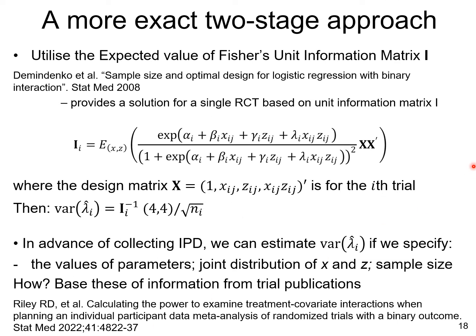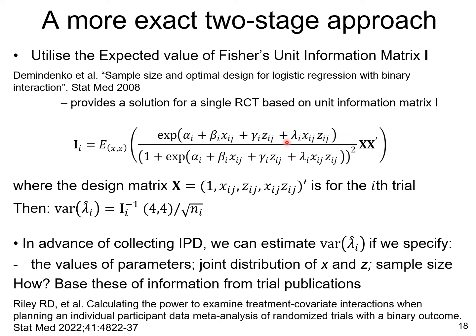So what we came up with is a more exact two-stage approach, which utilises Fisher's information matrix based on a paper by Demidenko in 2008 in Statistics in Medicine. In that paper, they provide a solution for a single trial's information matrix when you're estimating an interaction, for example, between a treatment and covariate from a logistic regression model. Here is the solution for the unit information matrix, and it's the expected value over the whole distribution of x and z based on the logistic regression equation and a transformation of that.